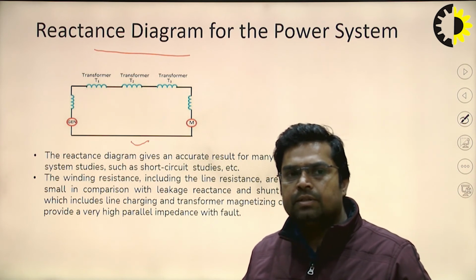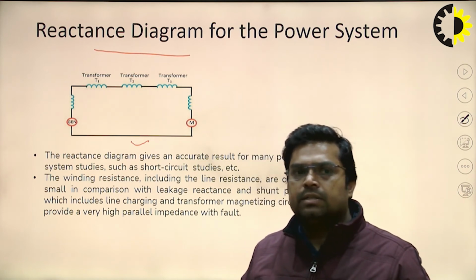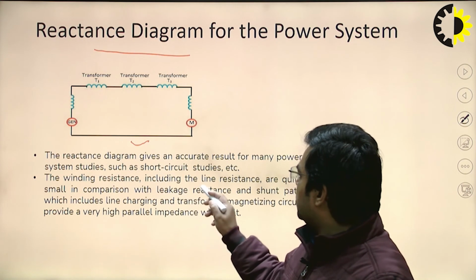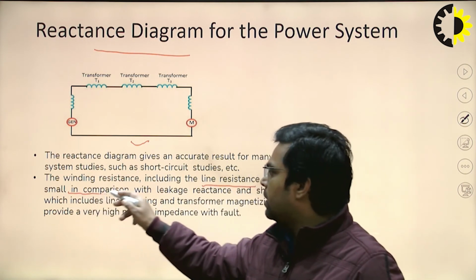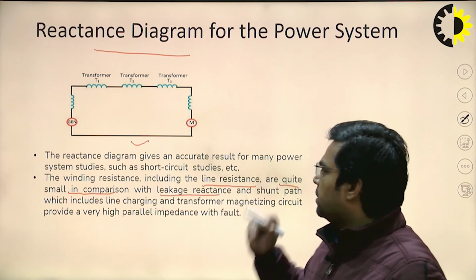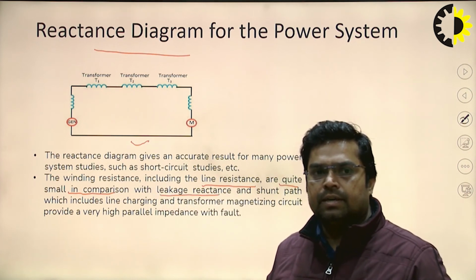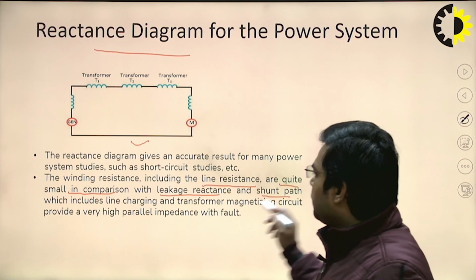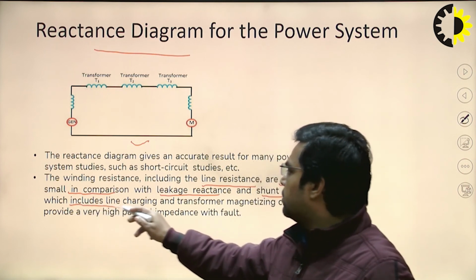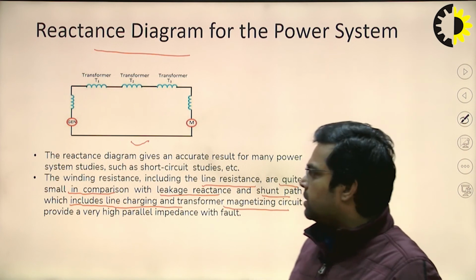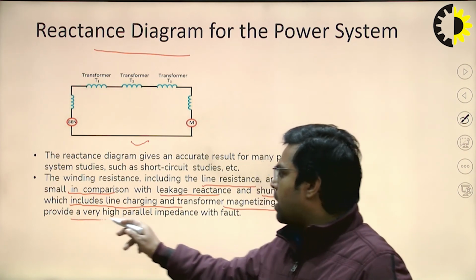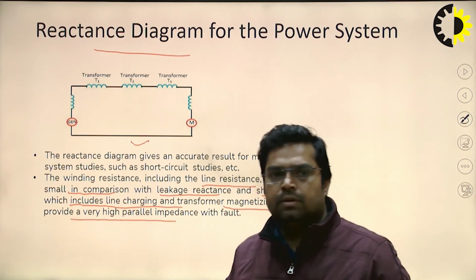The reason is that the winding resistance includes basically the line resistance, which is quite small in comparison with the leakage reactance, and the shunt path includes the line charging and the transformer magnetizing circuit, which provide a high parallel impedance with the fault.